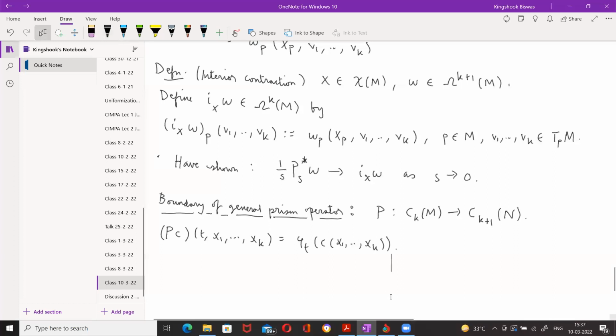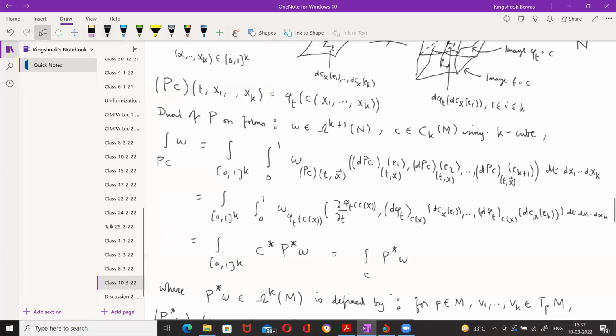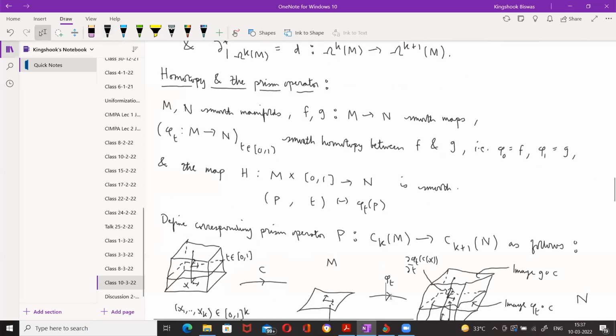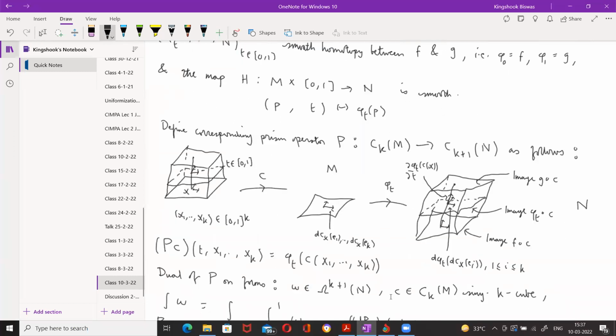So where's the picture? Here's the picture. See, this is my Pc, right? So what is the boundary of Pc? Well, you have the top and the bottom, right? So the top is G composed with c. The bottom is F composed with c. So if the signs work out correctly, we should get a term G composed c minus F composed c, that will be top minus bottom. That should be one part of the boundary. And what is the rest? Well, the rest is these vertical sides.